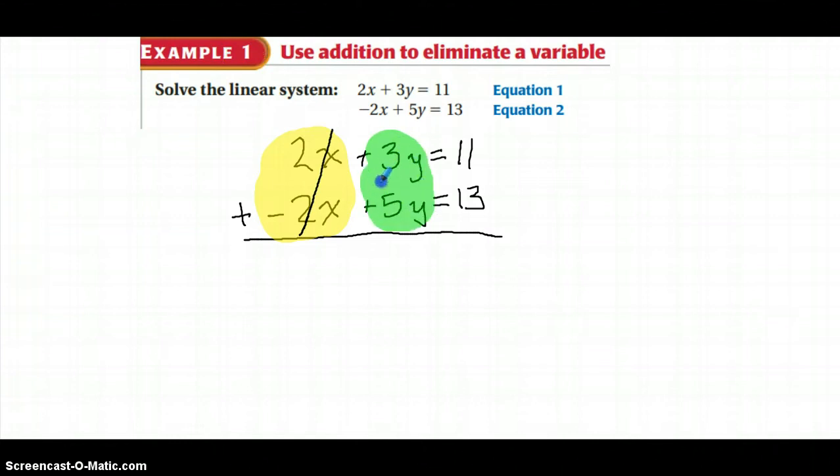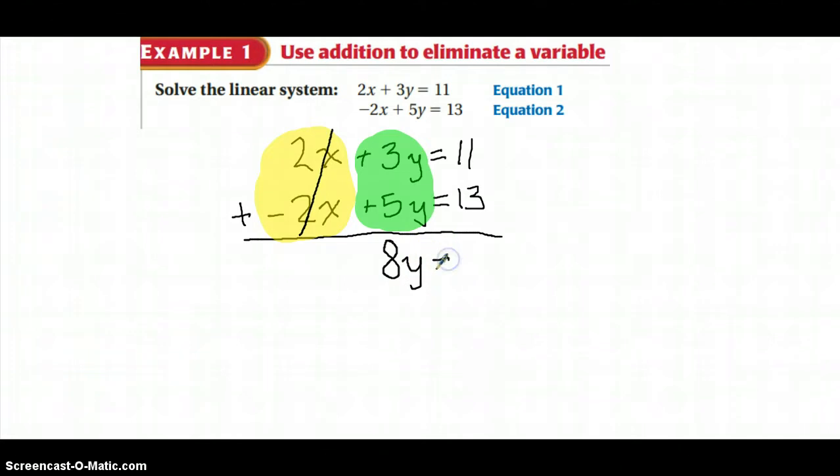We've got 3y and 5y. Notice these plus signs. That's going to make sure that they are positive. If they're minus signs, they're negative, just like this negative 2x over here. So if I'm adding these terms, I have 3y plus 5y. And hopefully you know that we're just adding the coefficients, the numbers in the front, and that's going to give us a total of 8y.